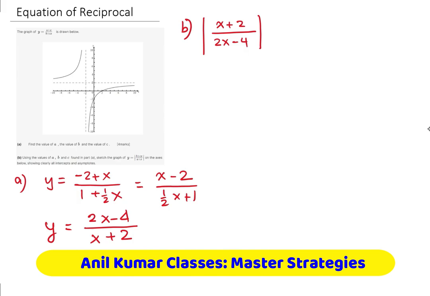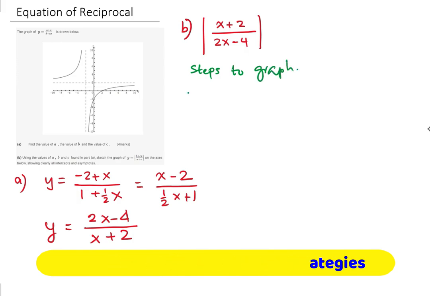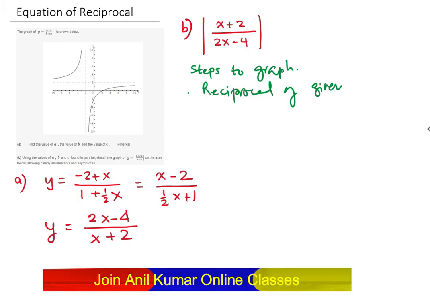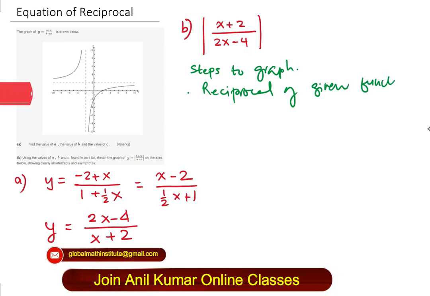For graphing this absolute function, we need to follow the steps. Let's see steps to graph. So first is the reciprocal of the given function, and second is absolute value.